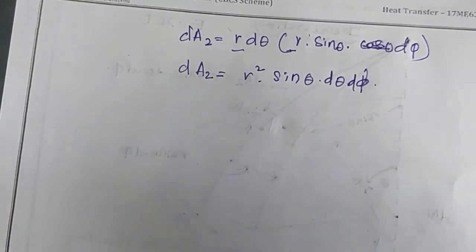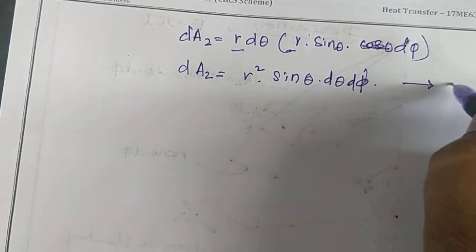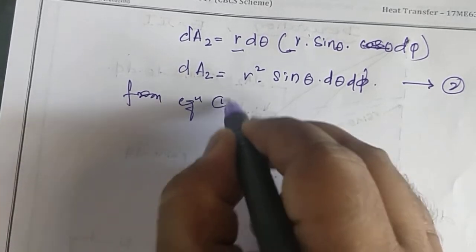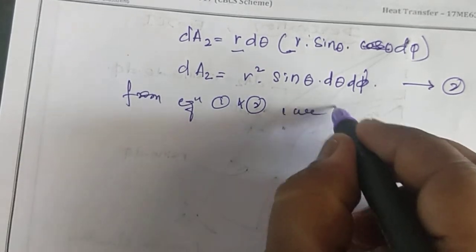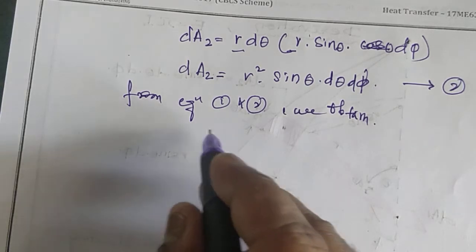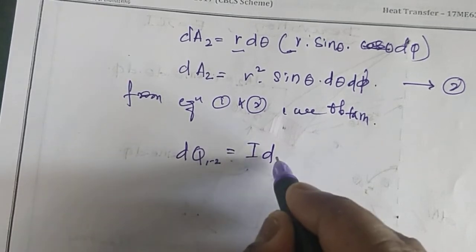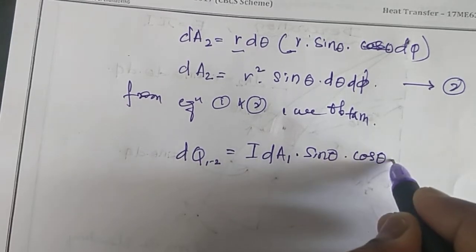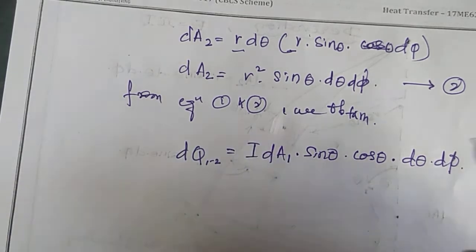Consider this as equation 2. From equation 1 and 2 we obtain that dq1 to 2 is equal to I dA1 sin theta cos theta d theta d phi.